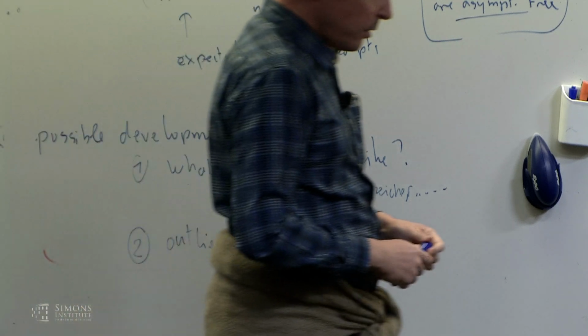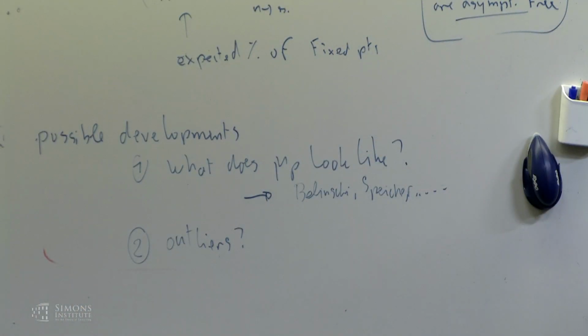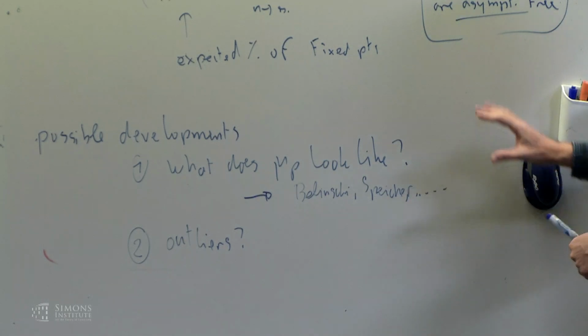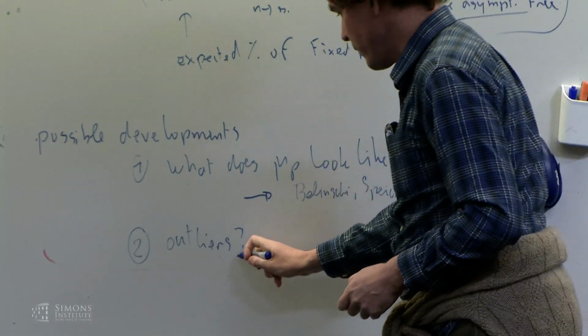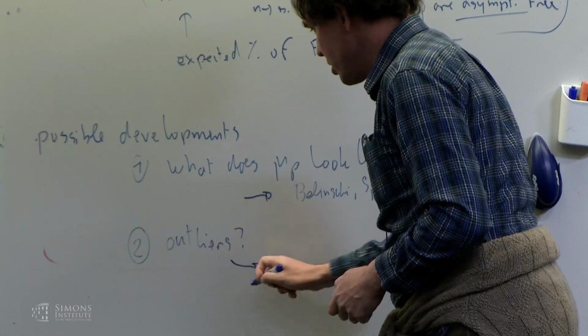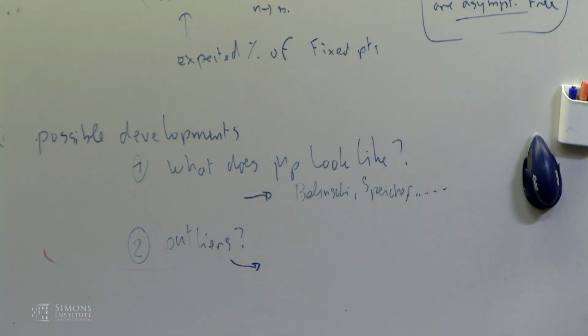Lots of properties which are quite nice, whose proof in general requires either some smart arguments with skew fields or with C-star algebras. But anyway, quite a lot is known about this. And what I want to discuss is the other part, which is: do we have outliers?